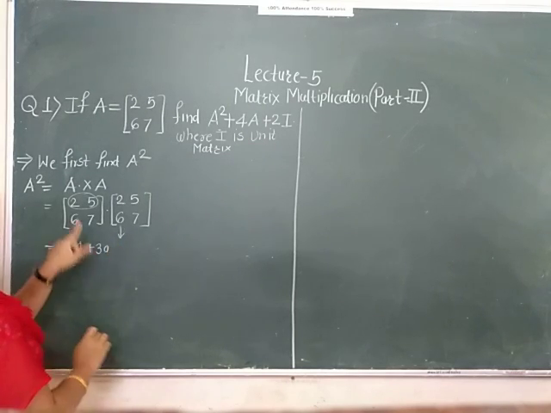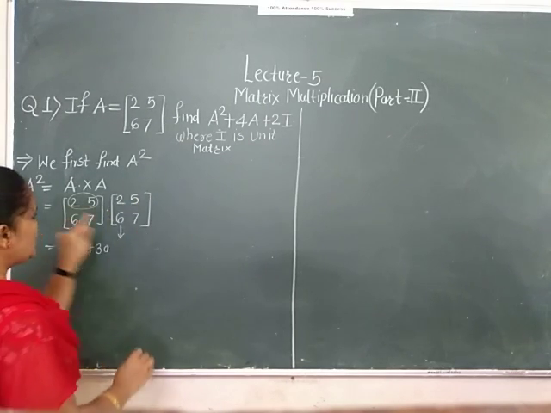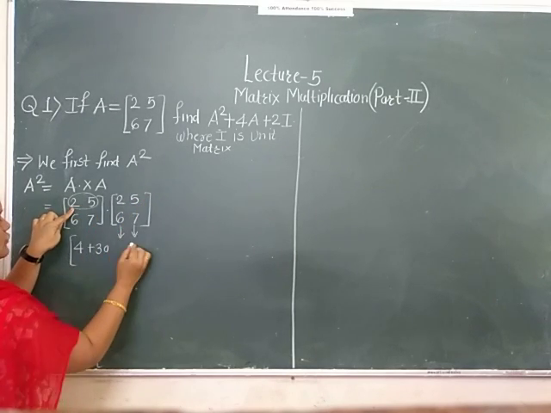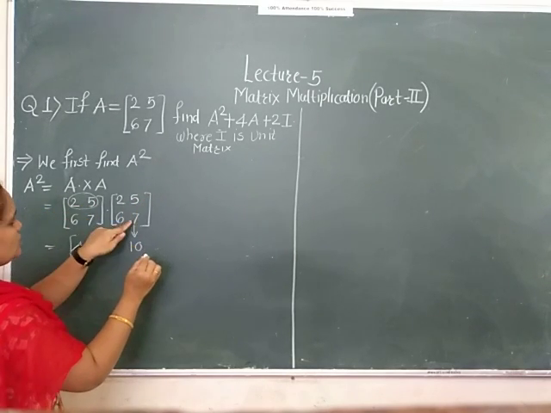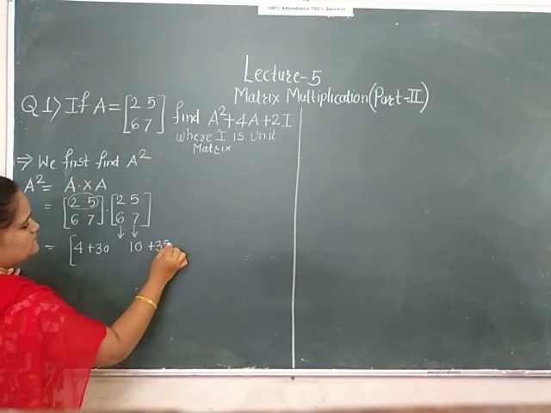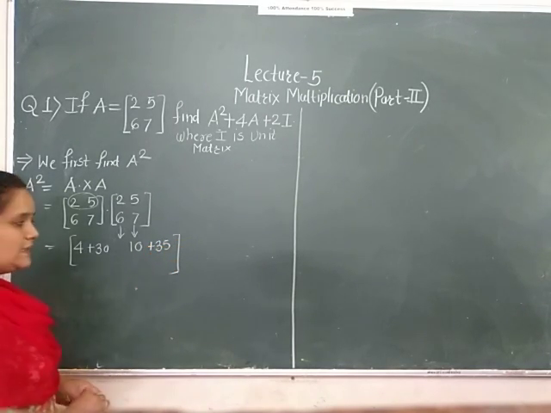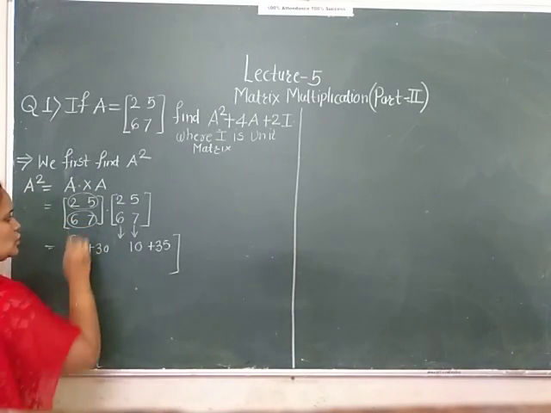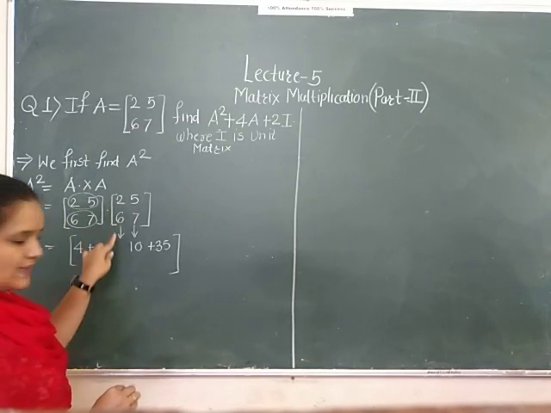Okay. Then first row but second column 2 into 5. This is second column. 2 into 5 is 10. 5 into 7, that is equals to 35. Then now come to the next row. Row 2. Row 2 will be multiplied to column 1.